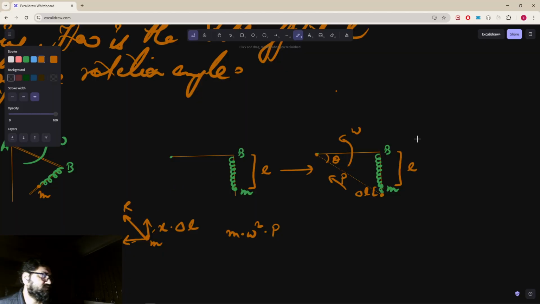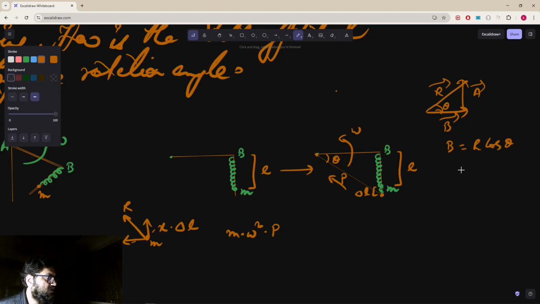But consider this basic concept: let's say I have a vector a in this direction and a vector b in this direction, and I have a resultant r, and let's say this angle is theta. Then I can write the magnitude of b as r cos theta, and the magnitude of a as r sine theta.